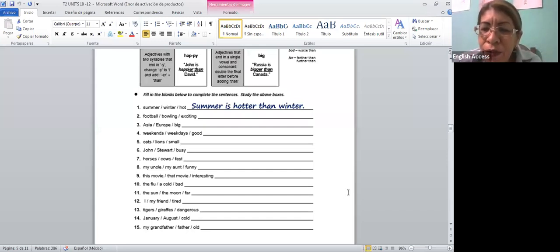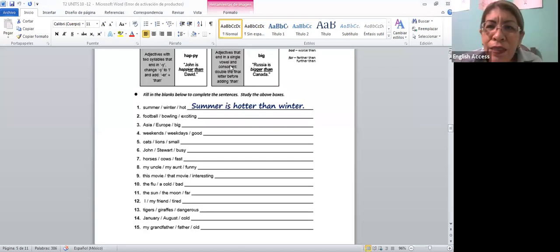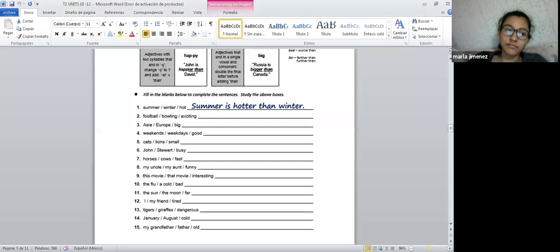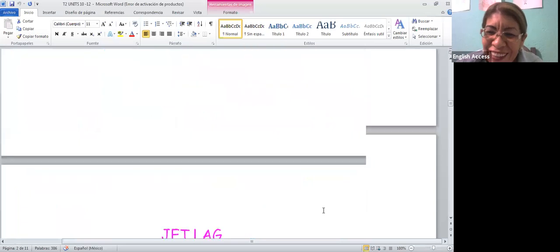Now let's continue with number 2. The letters are small, you can't see them. How do you say that in English, Judith? The letters are very small. Is or are?